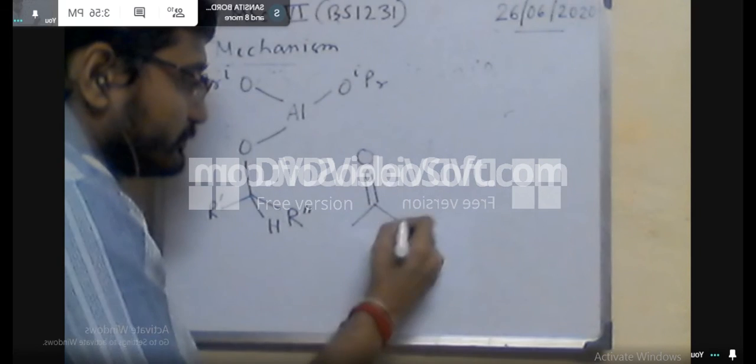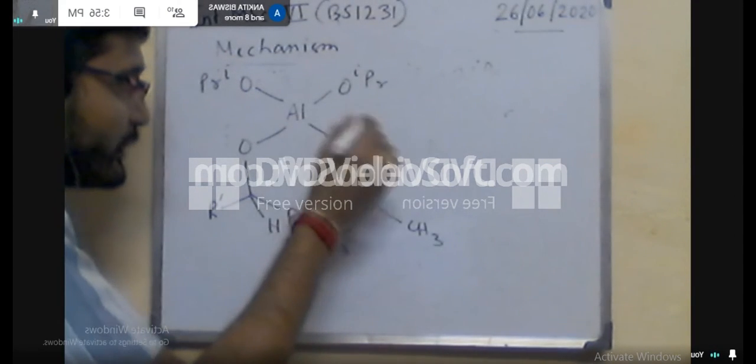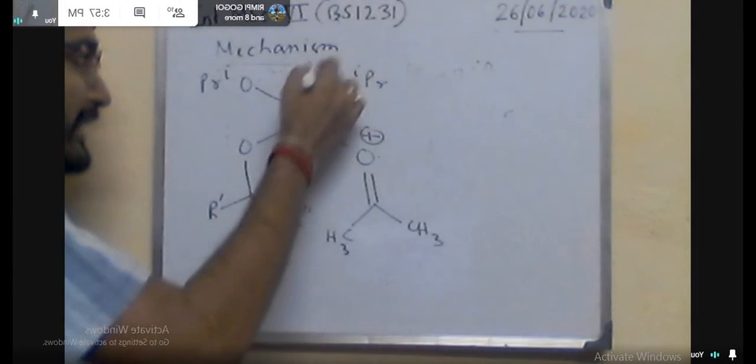Now this center becomes electron deficient, so some electron rich residue will migrate here, and here actually the hydride shift will take place, that this hydride will be migrated here, that is the oxidation pathway. Similarly, this bond will be broken and there is the breaking of this bond. Okay, so basically it will proceed via a 6-membered cyclic transition state.